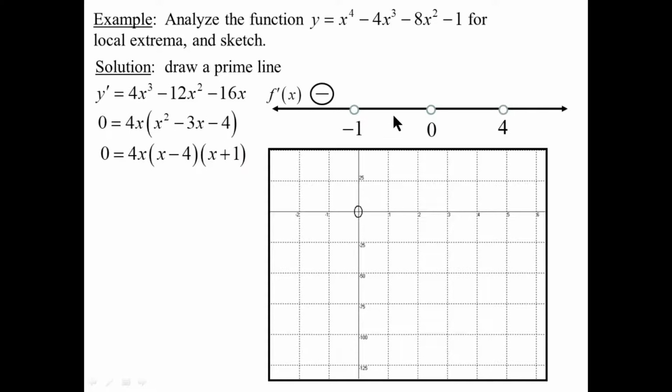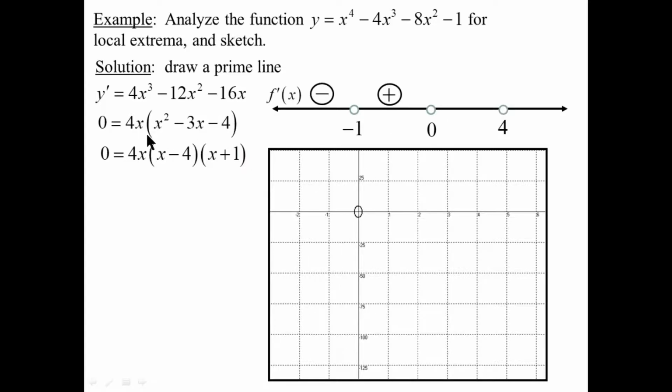Between -1 and 0, we have to sub in something to our derivative here. How about to the factored version? -1/2. Well, if I put -1/2 in here, I've got a negative factor. Put -1/2 in here, I've got a negative factor. Put -1/2 in here, I've got a positive factor. And so it will be a negative times a negative times a positive, and that's a positive.